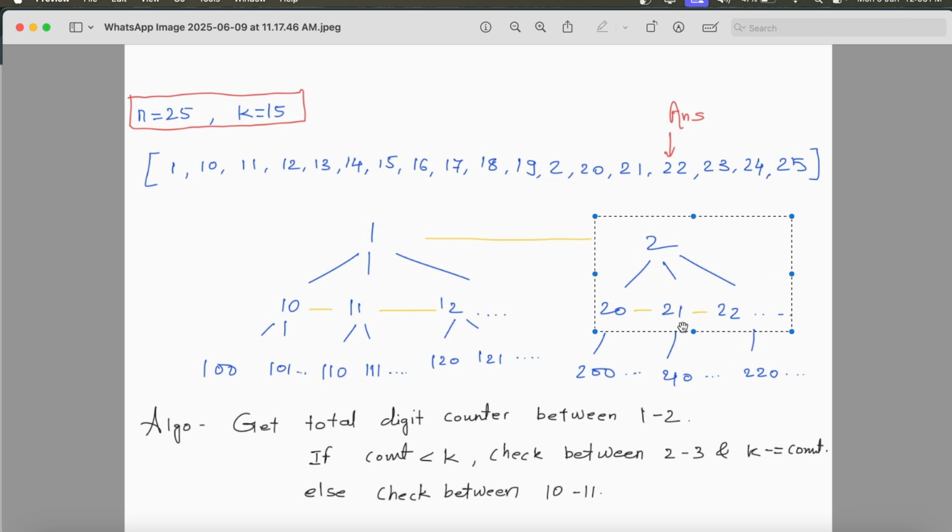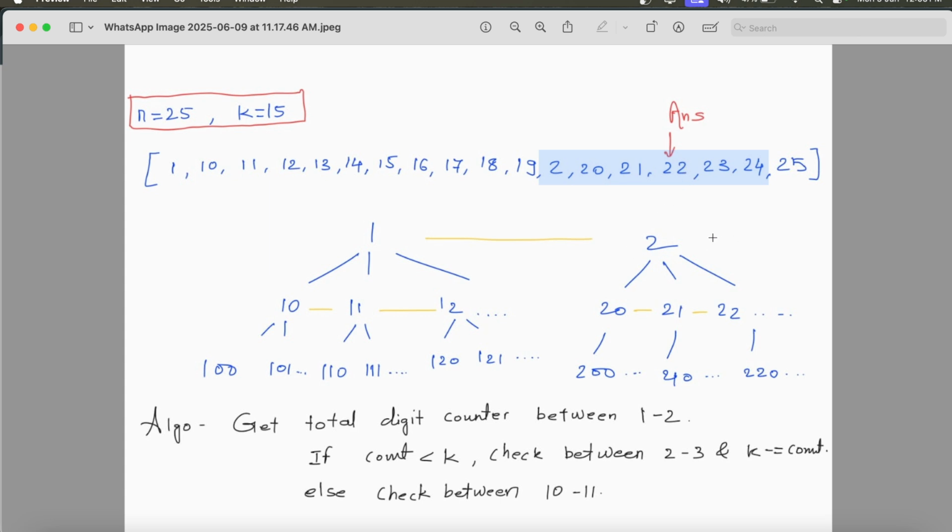Now the moment we see that the count is exceeding k, that means the answer is lying in 2's range only. Whatever numbers start with the prefix 2, the answer lies in that. So here also we can say that the answer is basically 22, right? That gives us clarity.